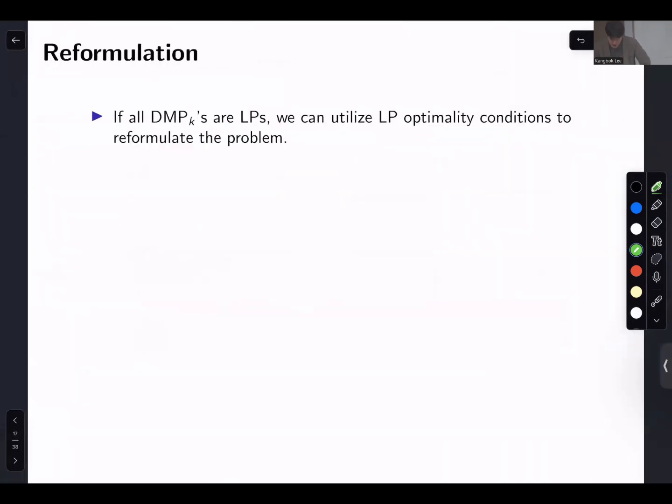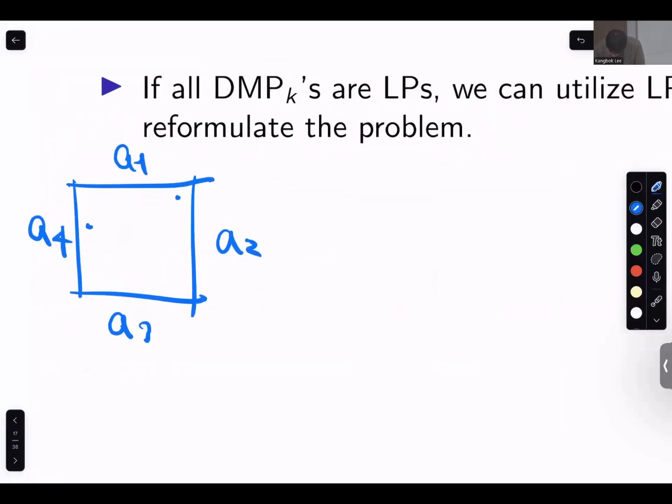What that means is, if you look at this feasible region, and there are A1, A2, A3, and A4, there's X hat 1, X hat 2. Sorry that I'm mixing the superscripts and subscripts.